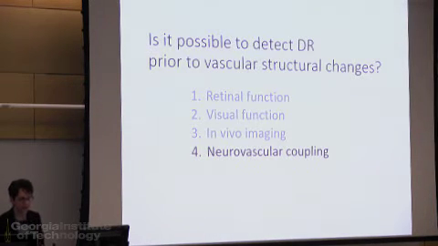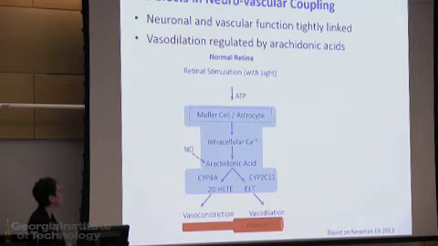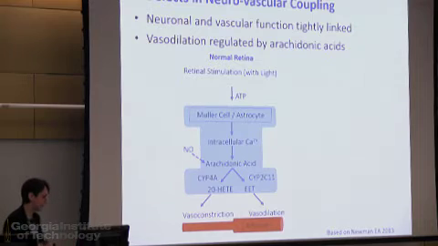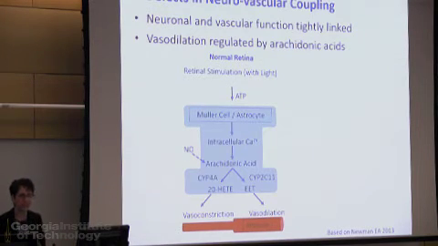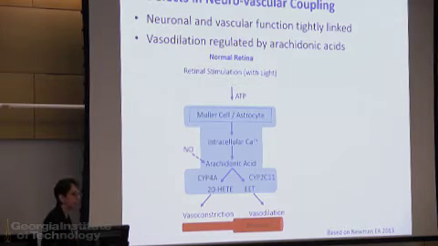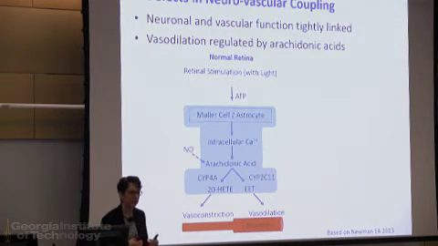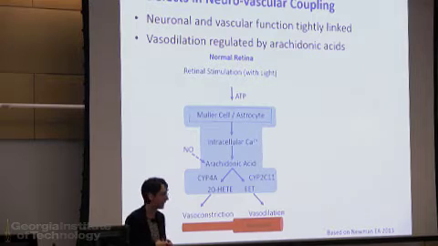All right, now the last type of detection that I'd like to talk to you about is neurovascular coupling. And so I've already told you that we certainly have vascular changes that are happening in diabetic retinopathy. But it's also been reported that there's some problems with neurovascular coupling.